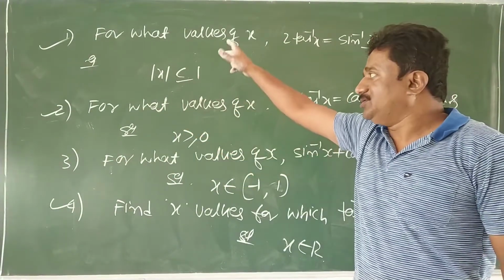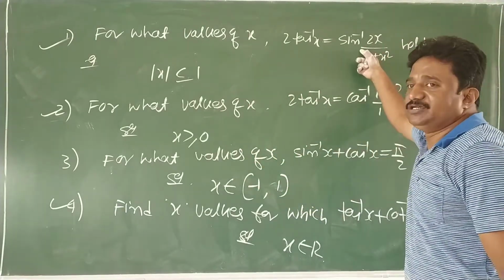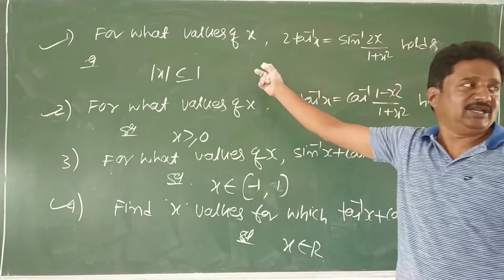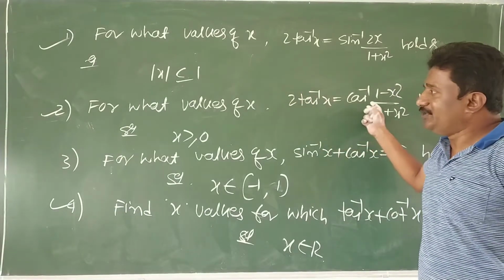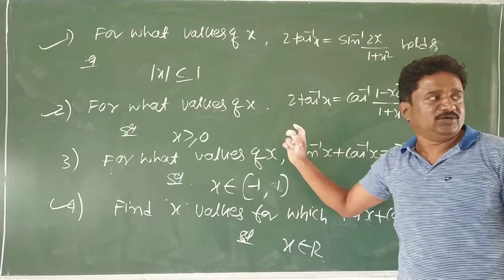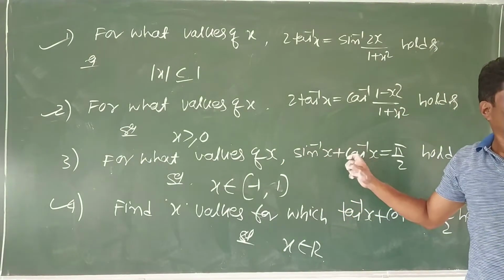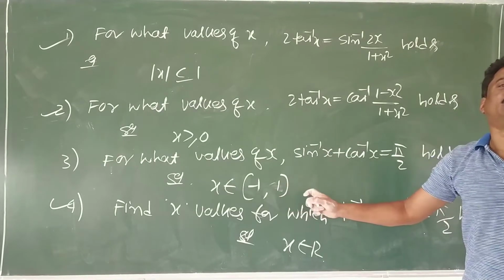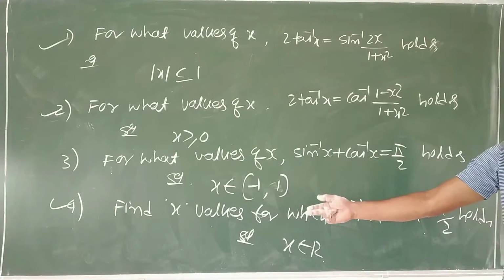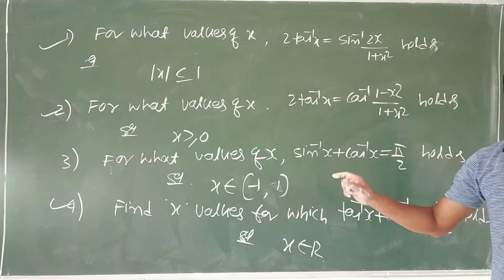So just remember: if it is sine inverse, mod x is less than or equal to 1. If it is cos inverse, x is greater than or equal to 0. Sine inverse x plus cos inverse x, closed interval. Tan inverse x plus cot inverse x, all real numbers. It is enough even if you write R, the set of reals, right?